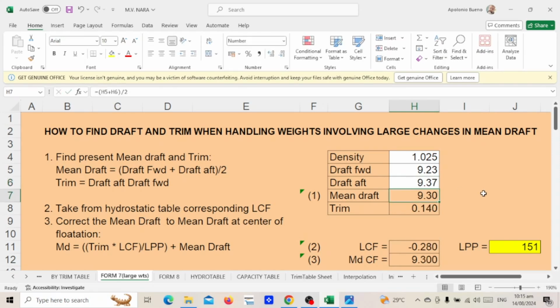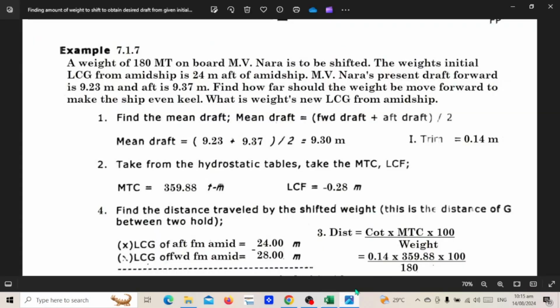So your mean draft is 9.30 and our trim is 0.14. Check. Mean draft is 9.30 and trim is 0.14. Confirm.